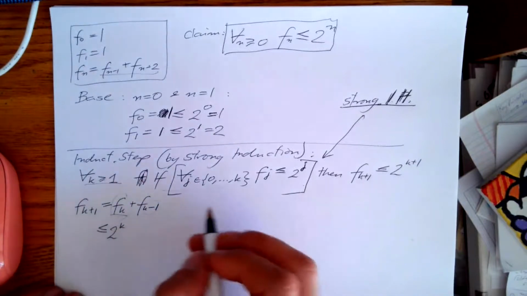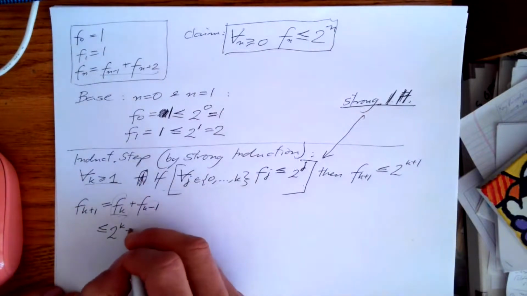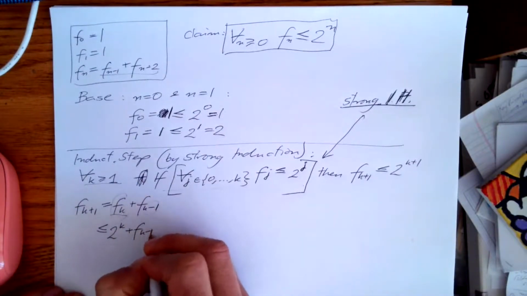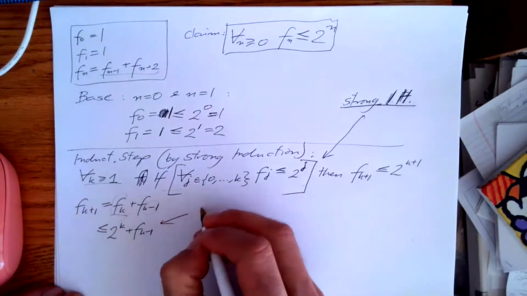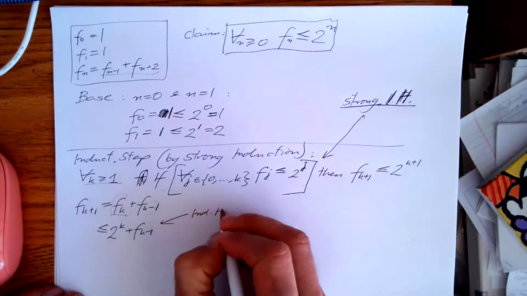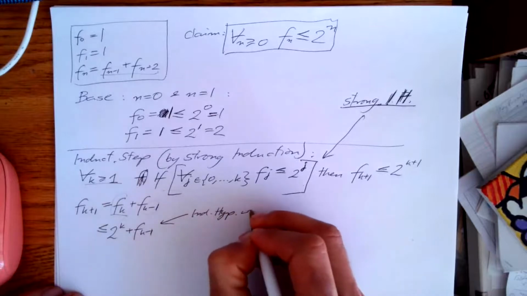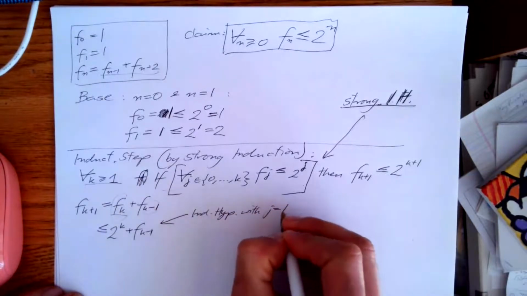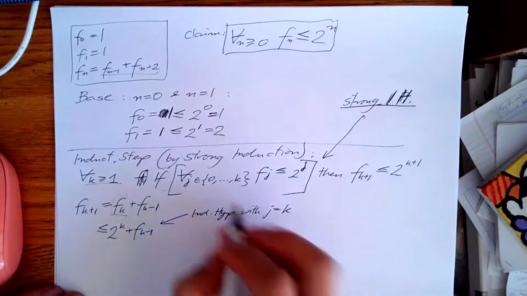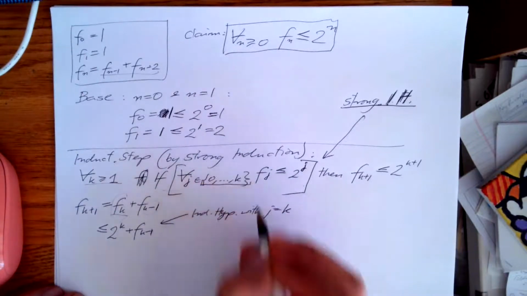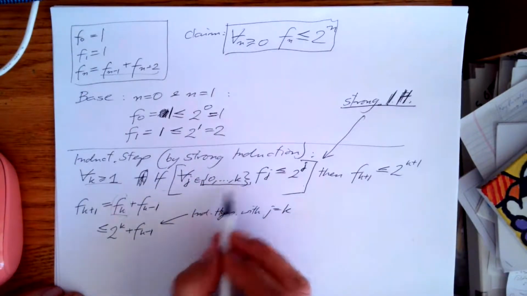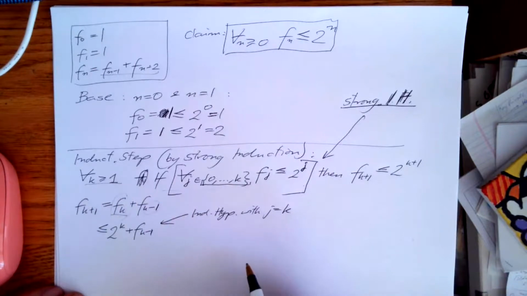Well, yes. So let's do it slowly. Here we used the inductive hypothesis with j equal k, and j equal k is, rather obviously, in this range.